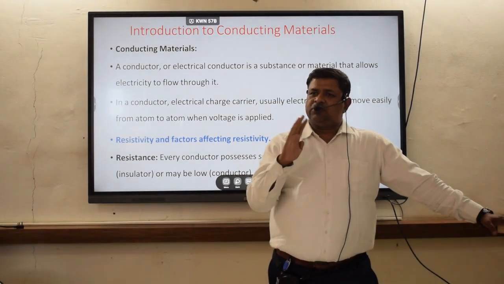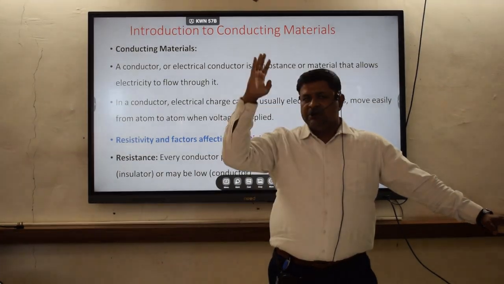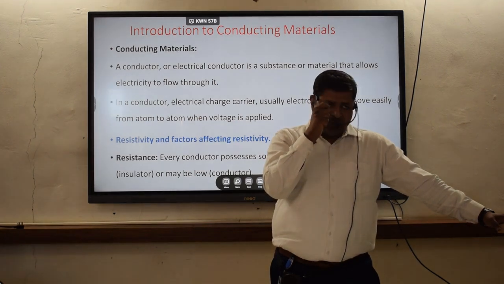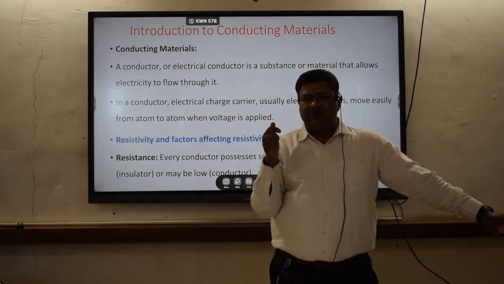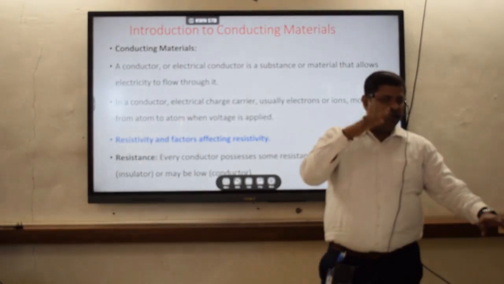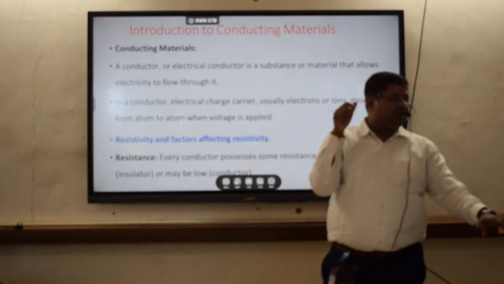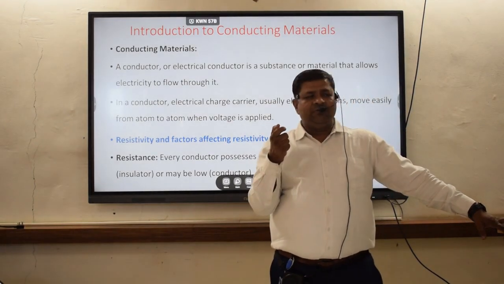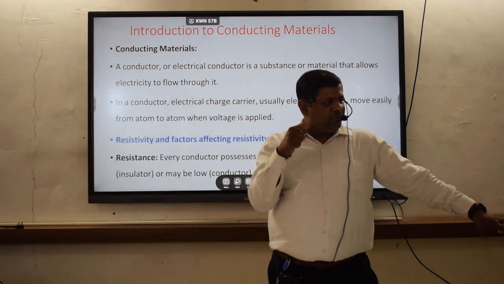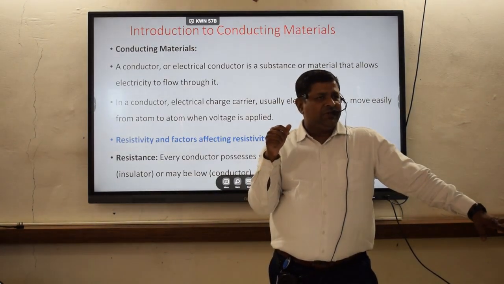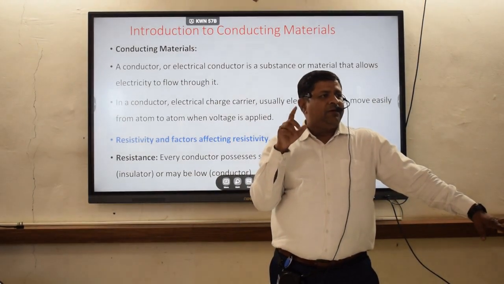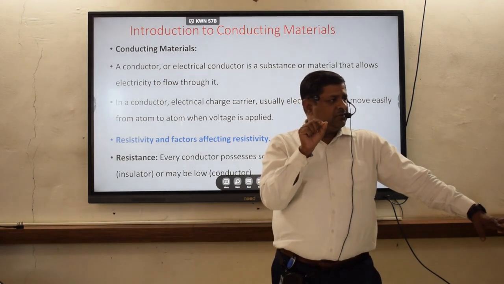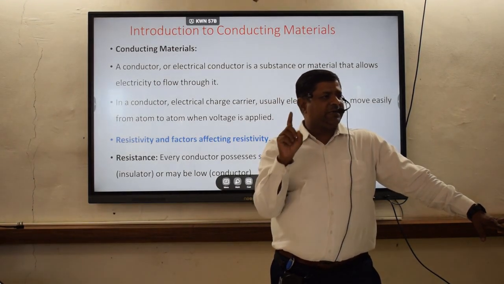If the resistance is on the peak level, on the high side, then we call it an insulator, because it is not allowing the current to pass. That's why whenever we do any electrical work in our house on our own, even though we don't know anything about it, we still try to become a hero in front of our family members, and at that same time family members always tell us to wear slippers or footwear before doing any electrical work.